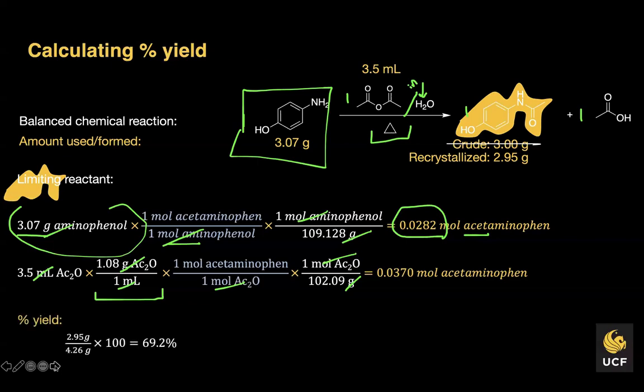So to calculate percent yield, you would take 2.95 and divide it by the theoretical mass, which in this case would be 4.26 grams. So I got 4.26 by taking the number of moles and multiplying it by the molecular weight, right? Then that would give you the mass.